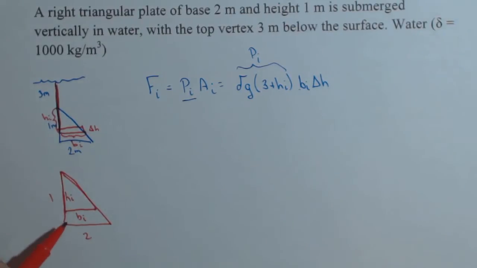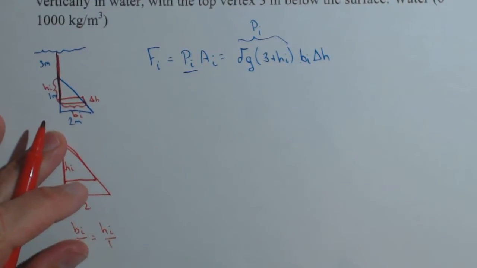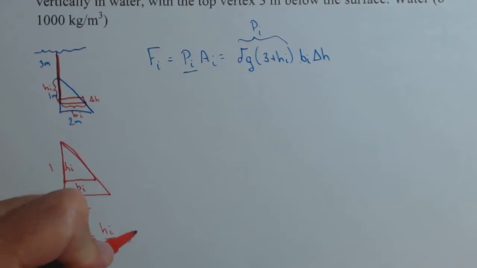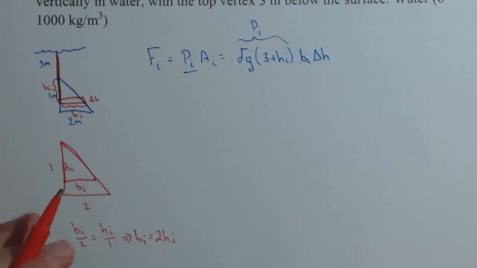I've got similar triangles. So I can say that b sub i over 2 equals h sub i over 1. And solving that for b sub i, I get b sub i equals 2h sub i. This is something that we've seen a lot in these sections.